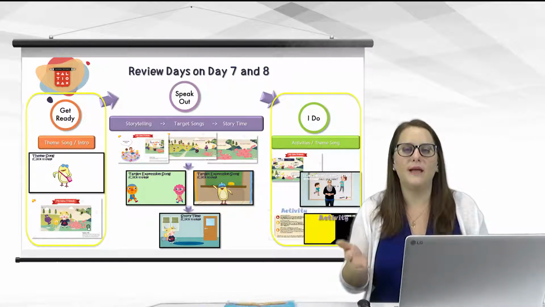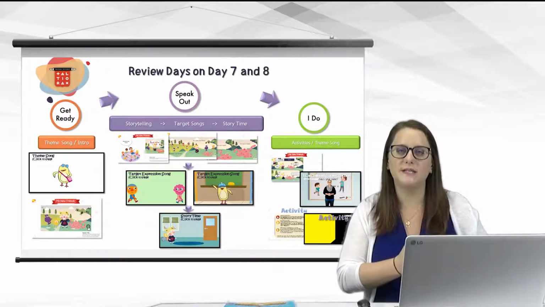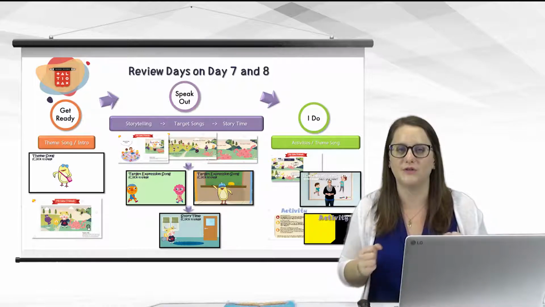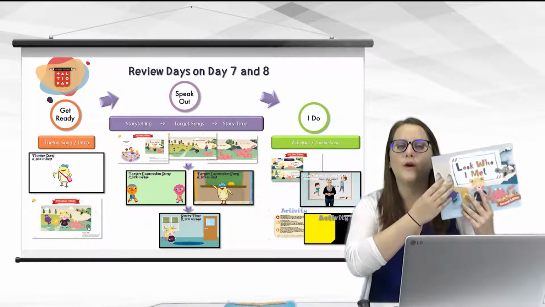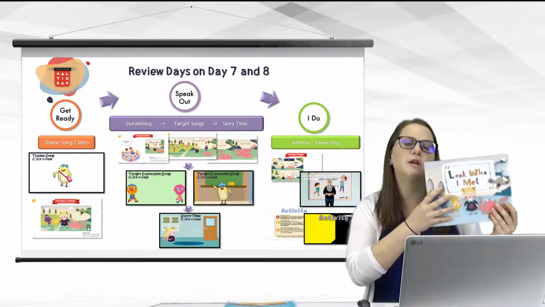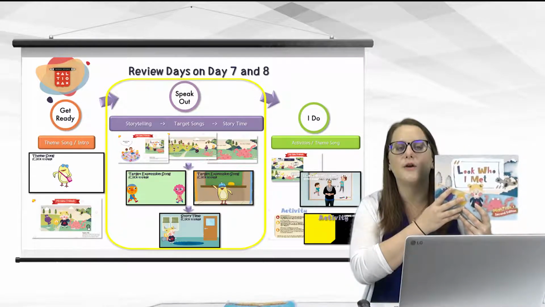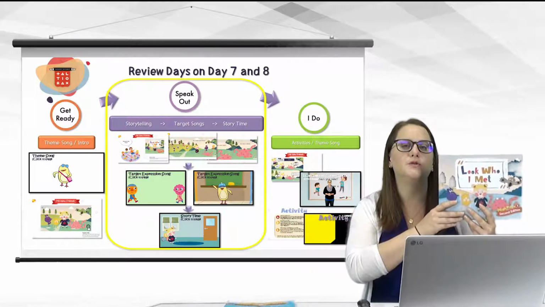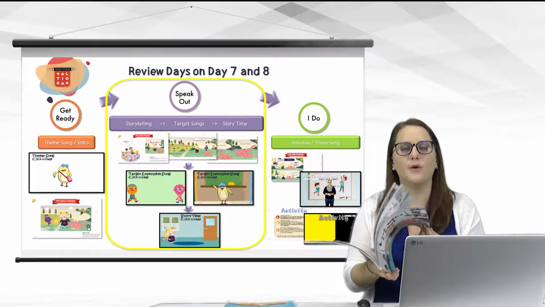But what really makes days 7 and 8 different from days 1 through 6 is that this is the time for you to review these everyday expressions with the kids. Also, days 7 and 8 are where you're really going to need your physical book, because when you're doing story time with the kids, whether you're playing the story video or as a class reading the storybook together, you want the kids following along inside the book with you.